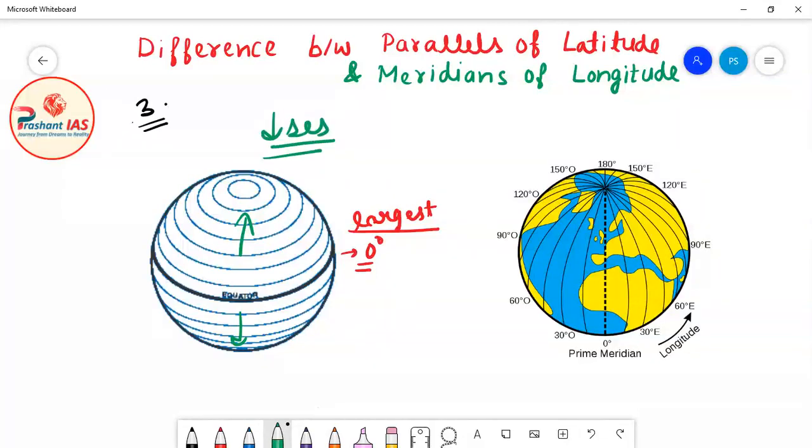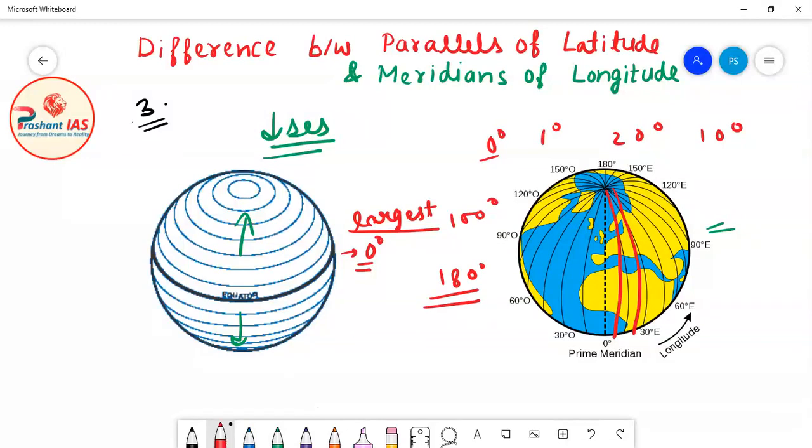But friends, if we are talking about meridians of longitude, then the size of all the meridians of longitude is the same. The size of 0 degree, 1 degree, 2 degree, 10 degree, 100 degree, 180 degree, all the meridians of longitude is the same.